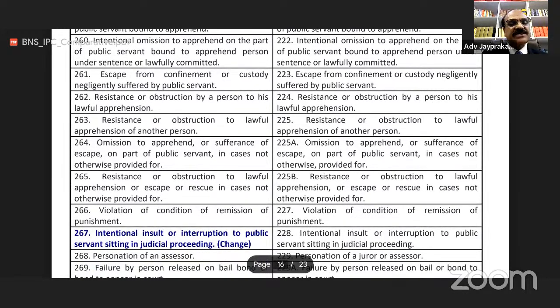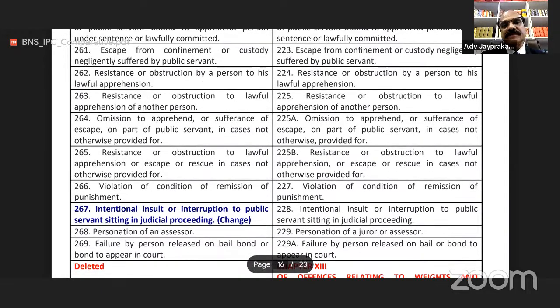Section 262 of BNS, resistance or obstruction by a person to his lawful apprehension. Earlier section was IPC 224. BNS section 263, resistance or obstruction to lawful apprehension of another person. Earlier section was IPC 225.